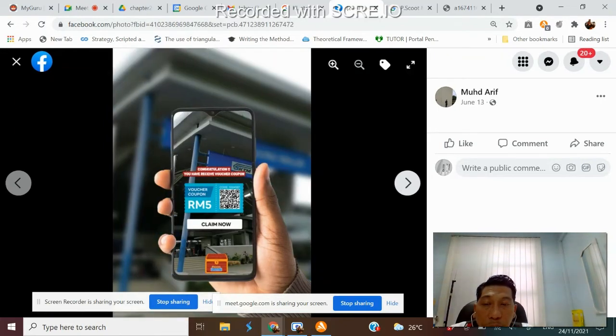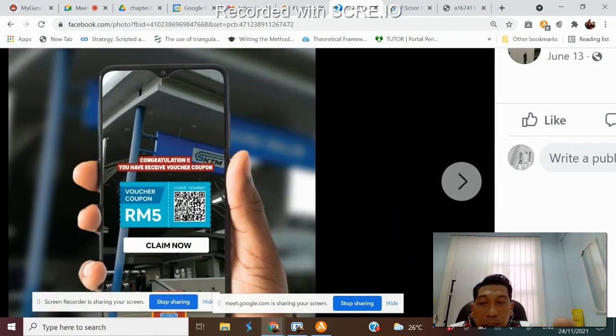You also provide in this game a coupon. For example, you can claim RM5 off when you're traveling with KTM. Once, one of you texted me asking if you can do KTM.